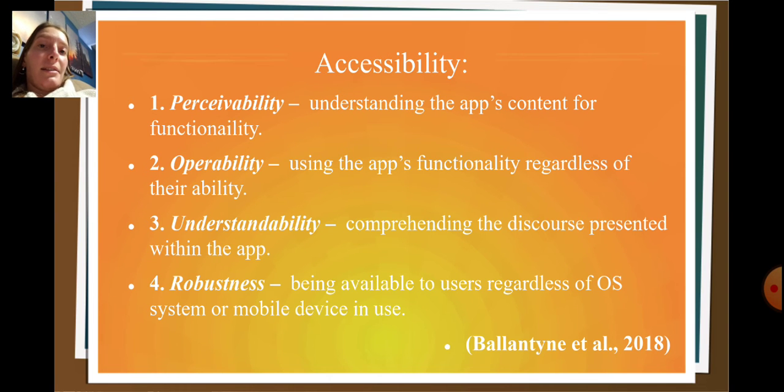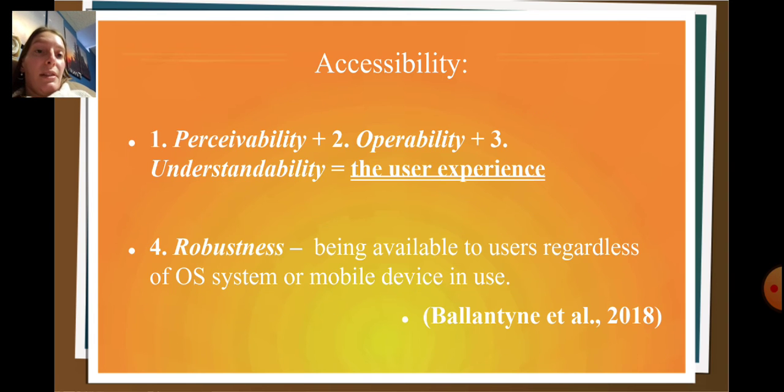For accessibility, there are four sub-criteria: perceivability, in that the user can understand the app's contents for functionality; operability, in that the user can understand the app's functionality regardless of their ability; understandability, in that the user can comprehend the discourse presented within the app; and robustness, in that the app is available to users regardless of OS system or mobile device in use.